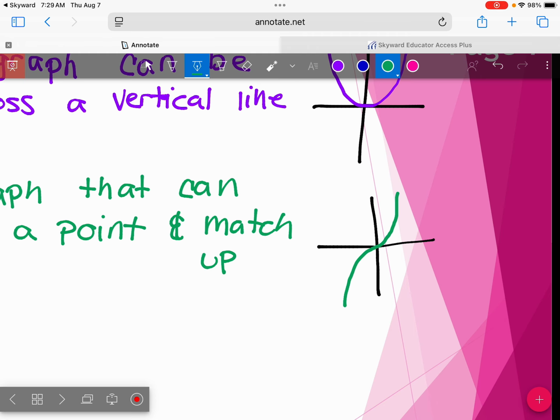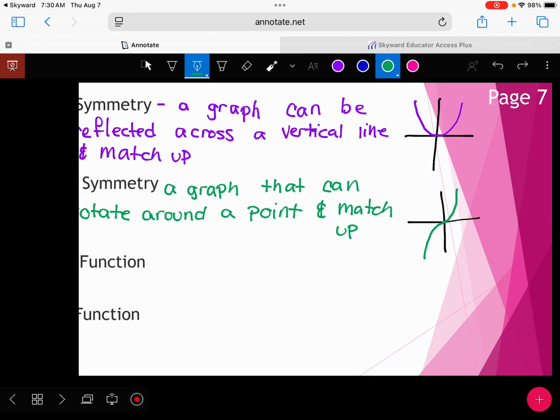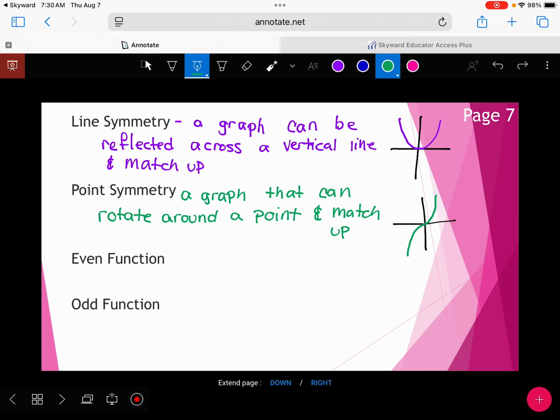So you will never have something that has both line symmetry and point symmetry, except for a horizontal line. It's literally the only thing, but we're not doing that. So even functions and odd functions are very specific cases of point symmetry and line symmetry.